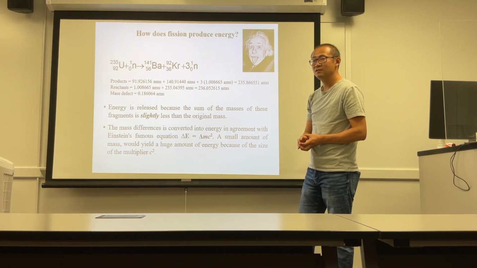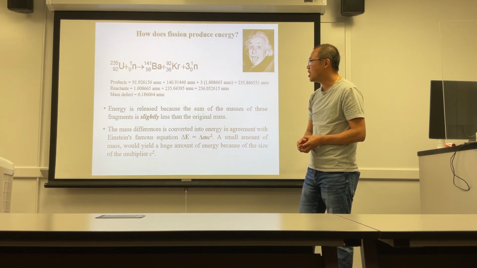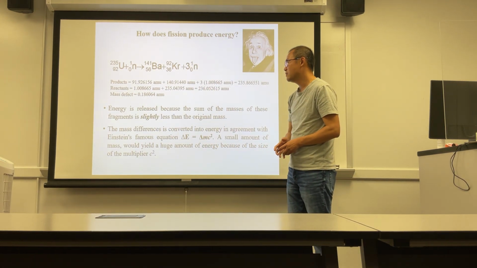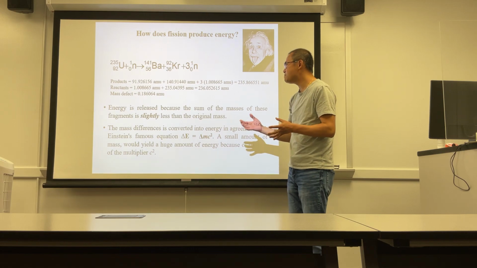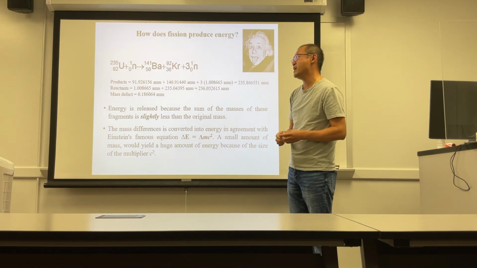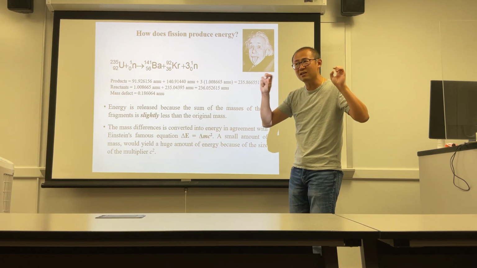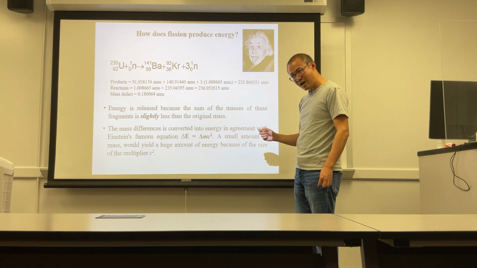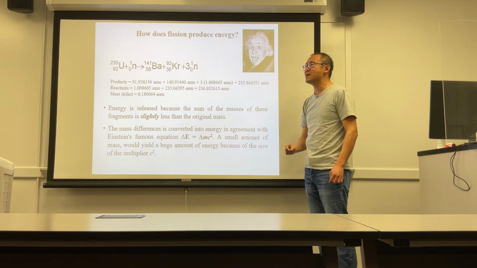This difference is called mass defect. What's mass defect? Mass defect means during a fission reaction, even though the mass is balanced, the product mass is actually slightly less than the original mass.